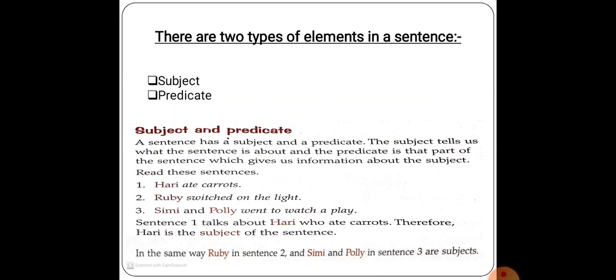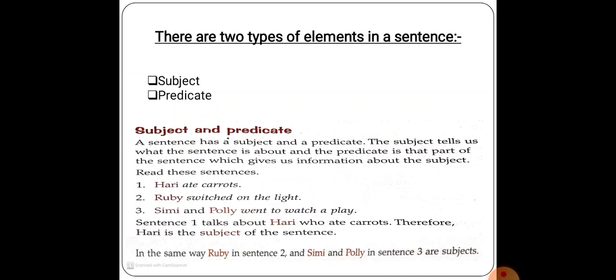You can have some examples. Hari ate carrots. Ruby switched on the lights. Simi and Polly went to watch a play. Now the colored ones, Hari, Ruby, Simi and Polly, are who we are talking about. We are talking about Hari, and what did he do?